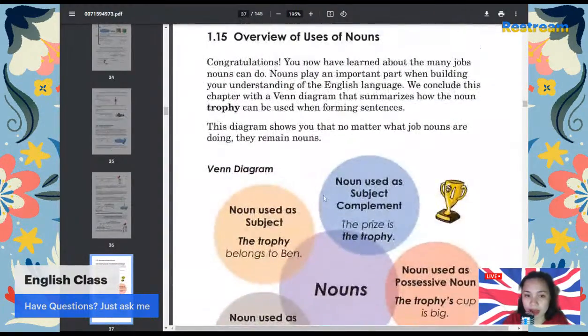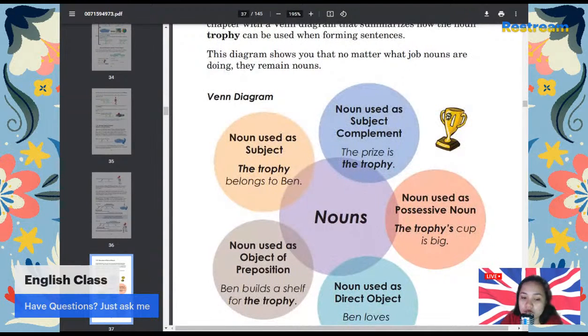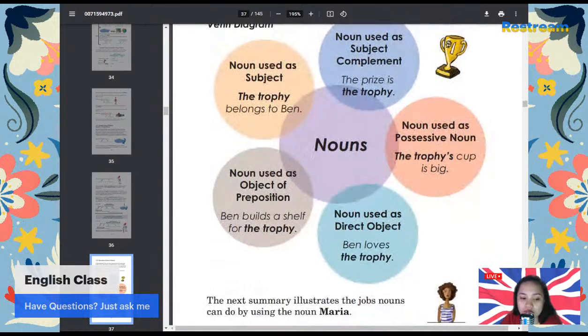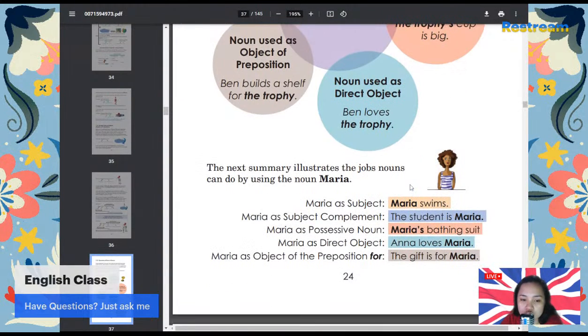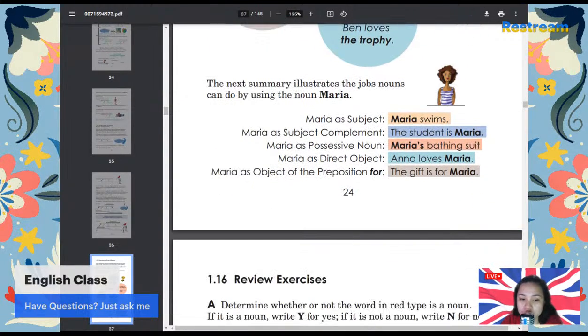Our last page from yesterday is the overview of uses of nouns. It is a recap of the whole lesson on nouns: noun as subject, as subject complement, as possessive noun, direct object, and object of preposition. That is page 24.